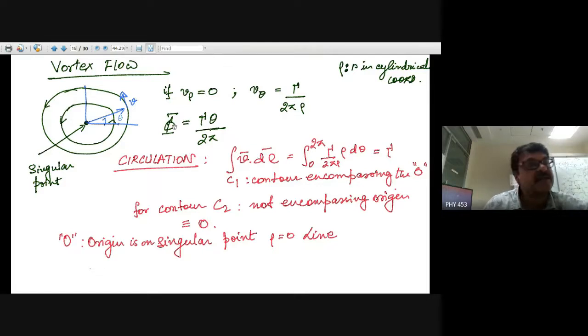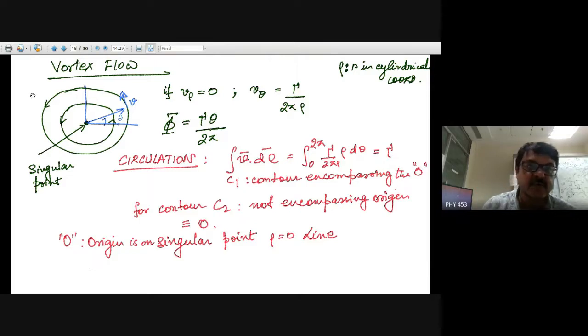So you can calculate phi, the velocity potential, as per the standard formulas, grad in cylindrical coordinates, and that is essentially gamma by 2 pi into theta. You take the suitable derivative with respect to theta, and you'll get your v theta. So here you have integrated. The circulation is gamma, so then you can figure out its units.